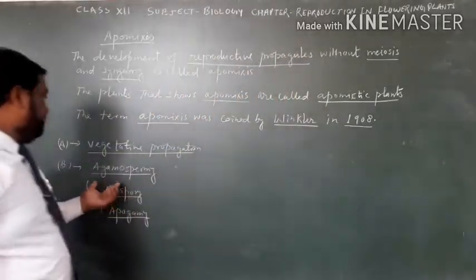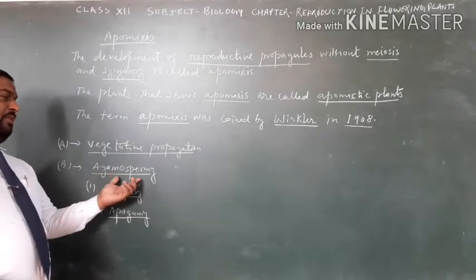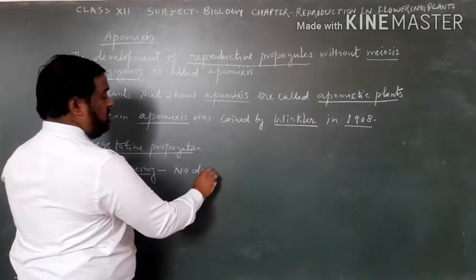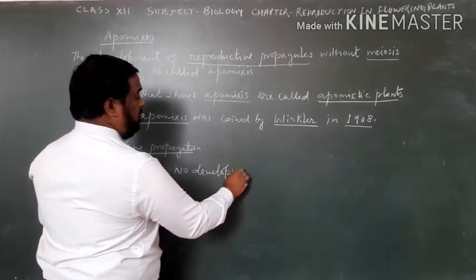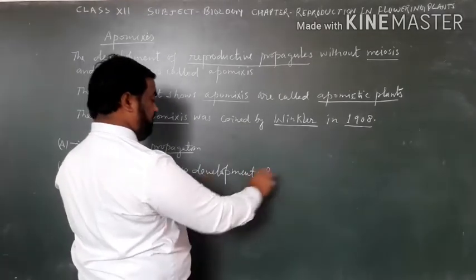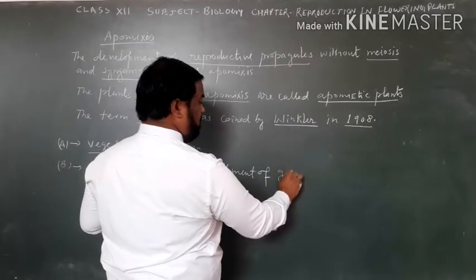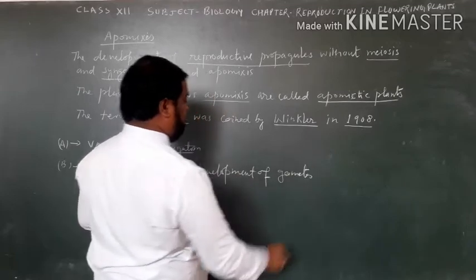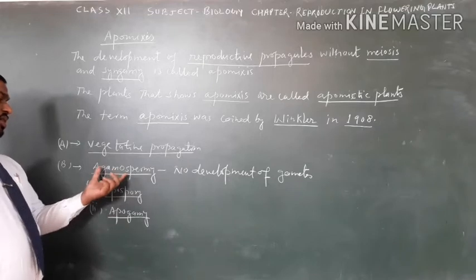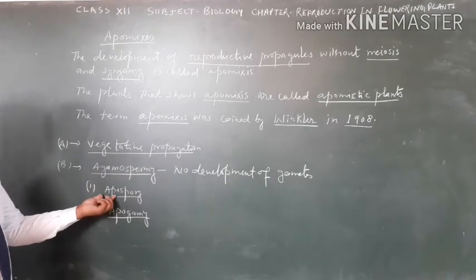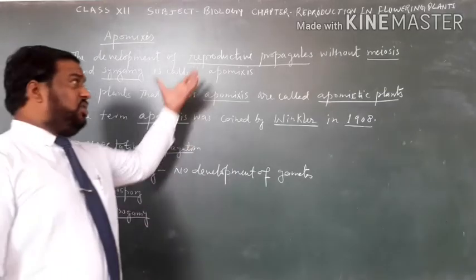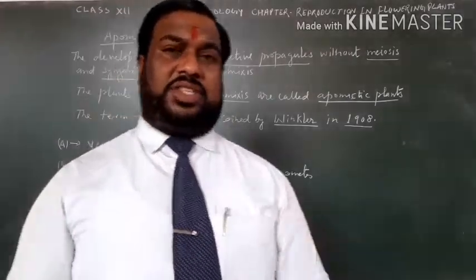Second is agamospermy, with no development of gametes. This further divides into apospory and apogamy.